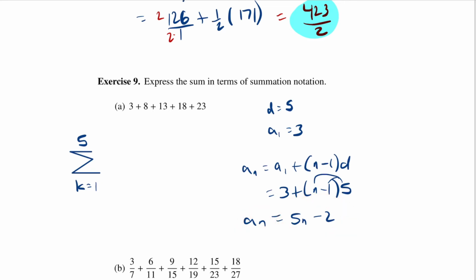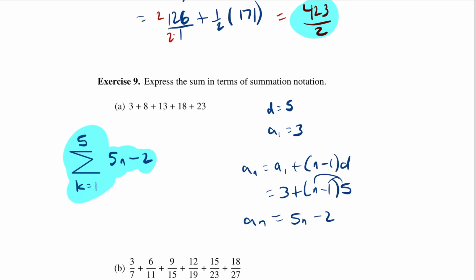Okay, let's look at this one. So for this type of a problem, most likely we're going to separate the numerators from the denominators, or you're just going to think do these separately. So let's look at the numerator to begin with. It looks like it's plus 3, plus 3, plus 3, plus 3, plus 3, which it is.